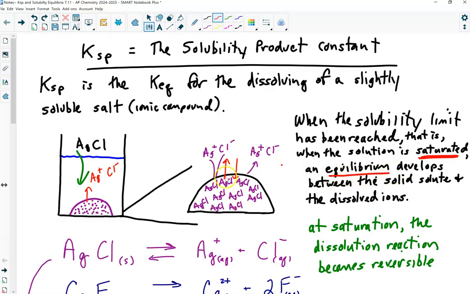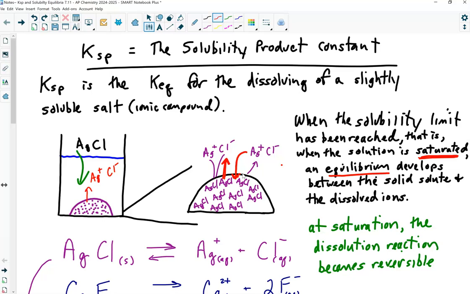So if one silver chloride decides it's going to dissolve, it can do that, but only as long as a silver ion and a chloride ion come back together to make silver chloride solid. We kind of drew this up before. And so you look at that and you go, oh, there's an equilibrium.